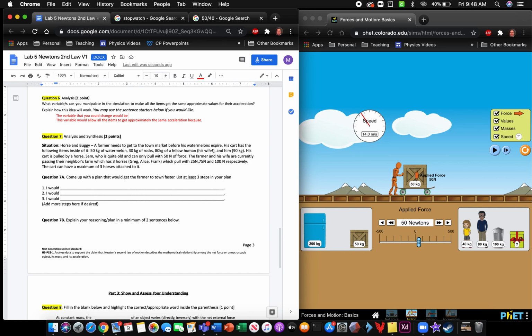All right, so the variable that you could change would be force. This would allow all items to get approximately the same acceleration because regardless of their mass, you could just push harder and harder with the bigger objects to end up with the same acceleration. Would you have to push really hard to, say, get a refrigerator to accelerate at the same speed as a little girl? Yes, you would have to push really hard, a big force, but you could still do it.